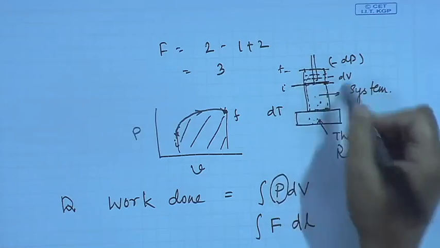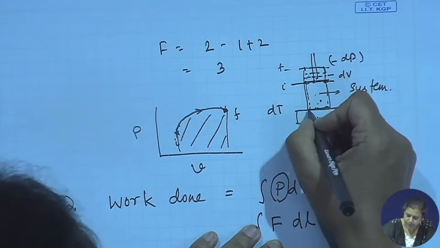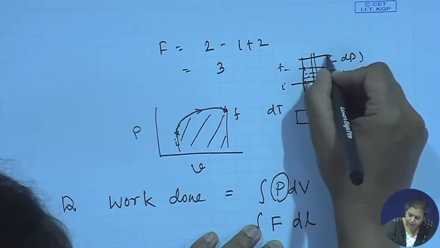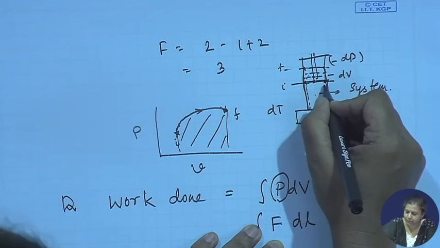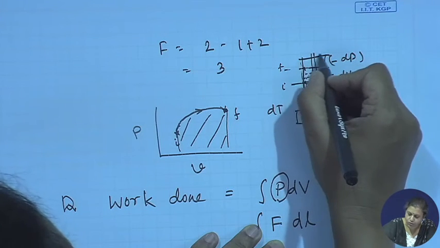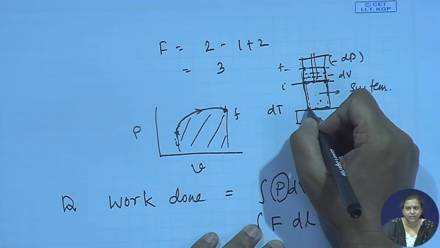Now, here I would like to mention one thing. Since we are dealing with properties, this driving force and the displacement can both be properties of a system, both can be properties of the surrounding, or one of them can be a property of the system and the other of the surroundings. For example, suppose I arrange my system such that it comprises not only the air in the piston cylinder arrangement, but also some portion of the surroundings as well.